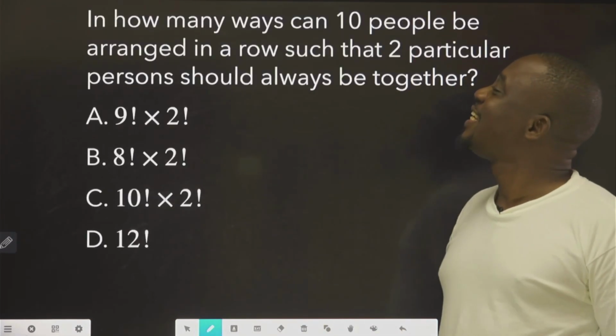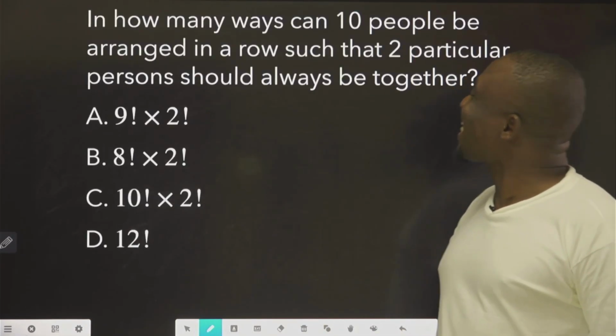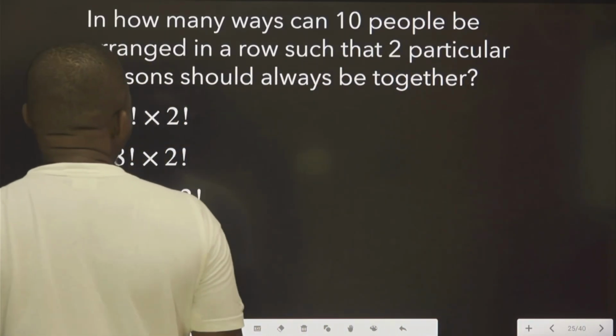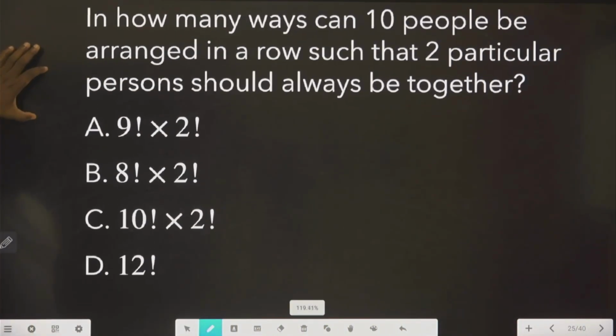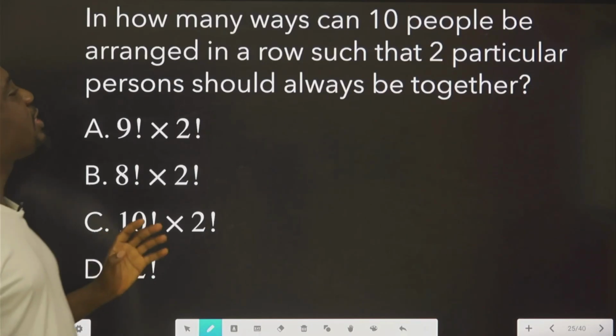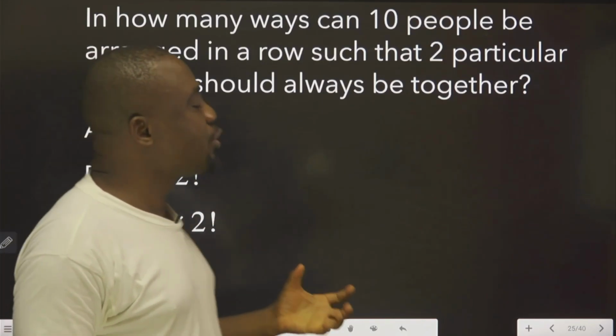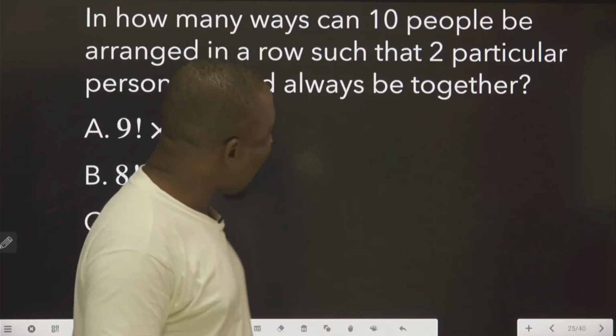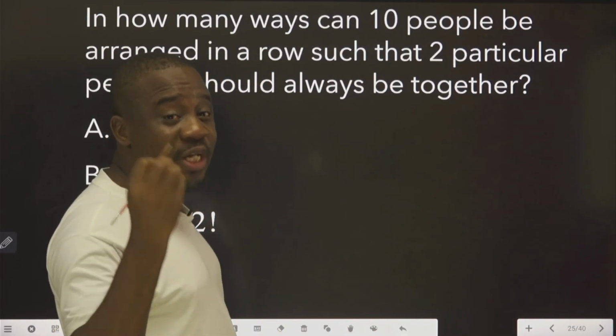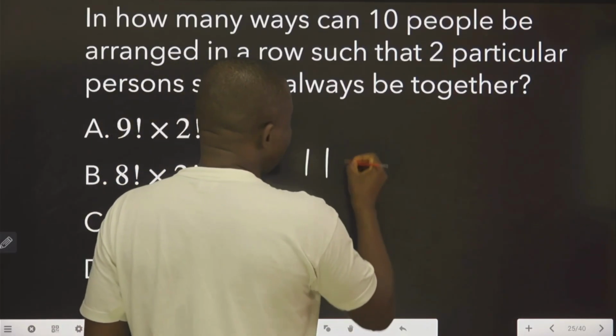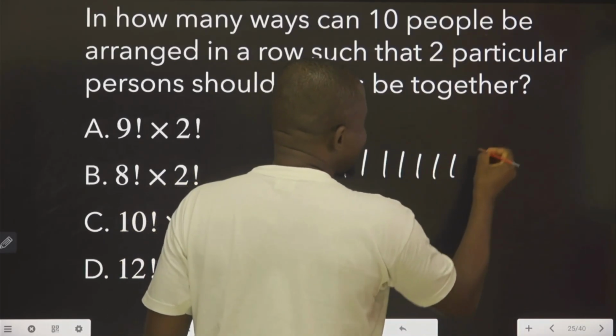It says, in how many ways can 10 people be arranged in a row such that 2 particular people should always be together? Out of 10, 2 must be together. Out of 10. 1, 2, 3, 4, 5, 6, 7, 8, 9, 10.